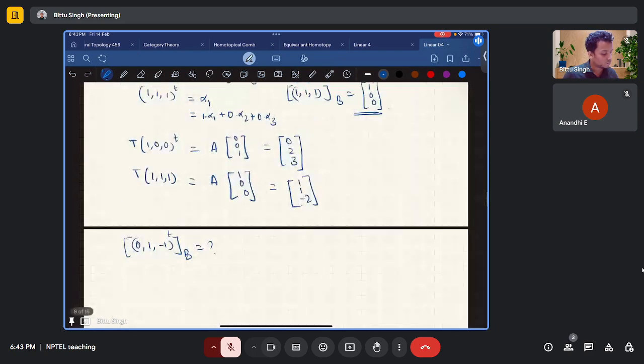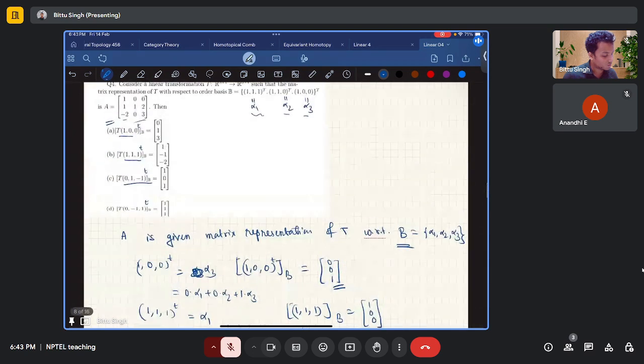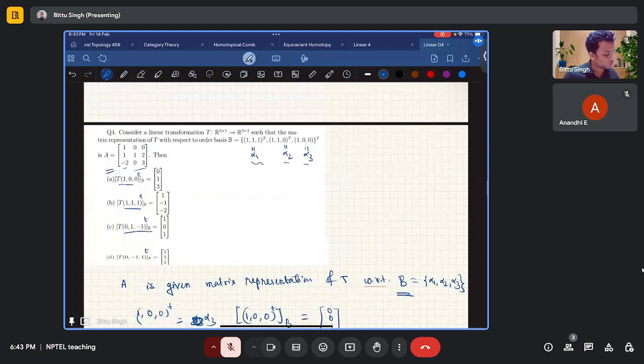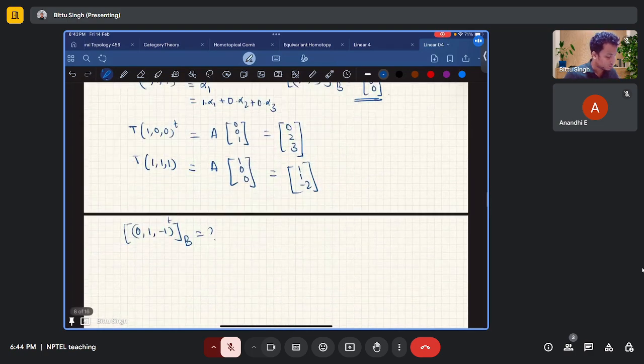So this is equivalent to finding a solution of this system. That is, we need to find C1, C2, C3 such that C1 times alpha 1 plus C2 times alpha 2 plus C3 times alpha 3 is the same as 0 1 minus 1, right?